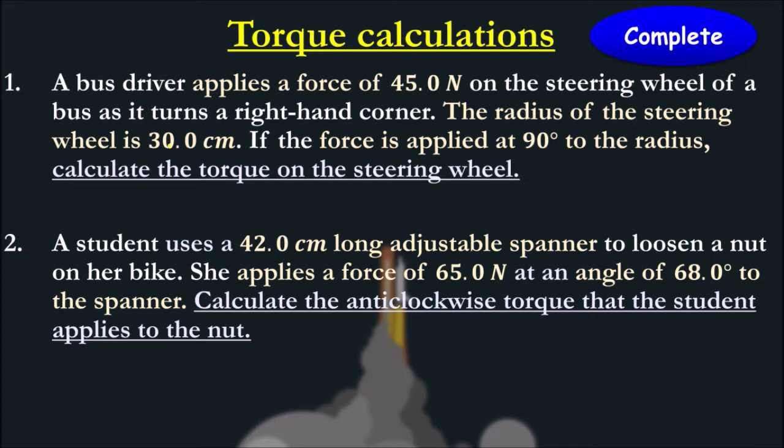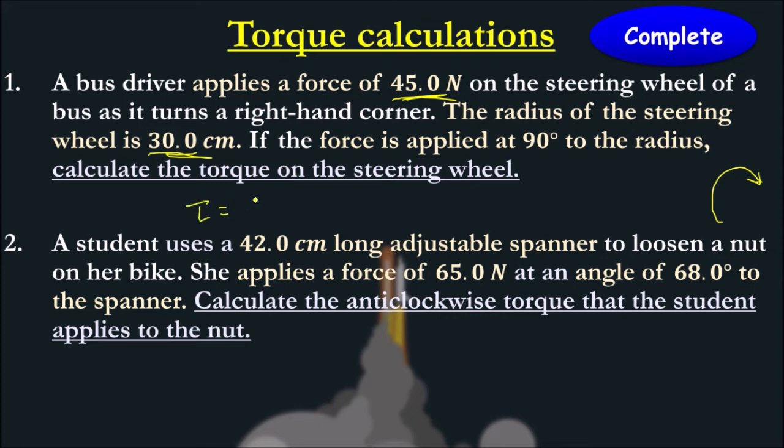Let's do some calculations. We have a bus driver applying a force of 45 newtons, and they turn at a right hand corner. So they're rotating clockwise. The radius of the steering wheel is 30 centimeters. If the force applied was 90 degrees to the radius, what is the torque?